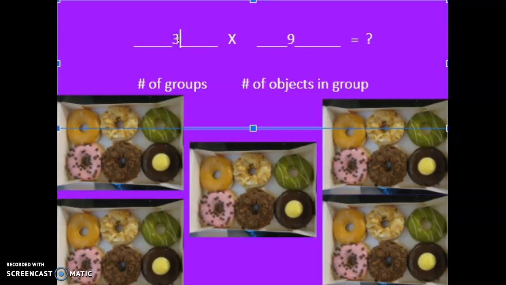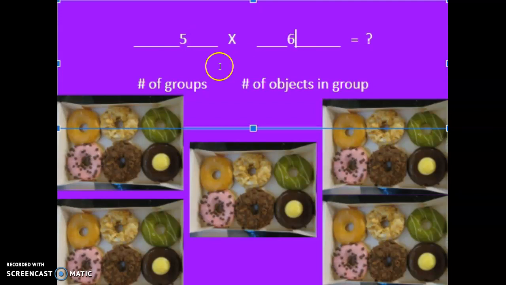So in this particular problem, I am seeing 1, 2, 3, 4, 5 groups of 1, 2, 3, 4, 5, 6.